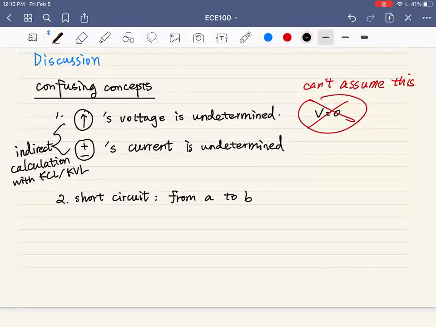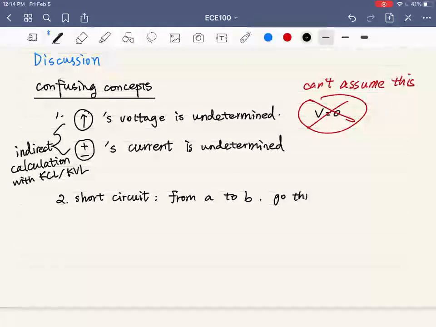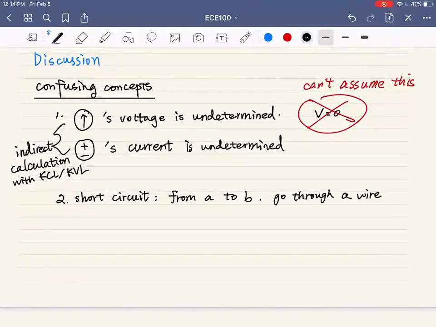You will always choose the easier way to go. So if you can go through a wire, which is an ideal conductor, you will not go through other elements between them. Here is A, here's B. If they are directly connected by a wire, as an electron, you would like to go this way instead of the other difficult way, right? So in this way, we say that this is shorted.